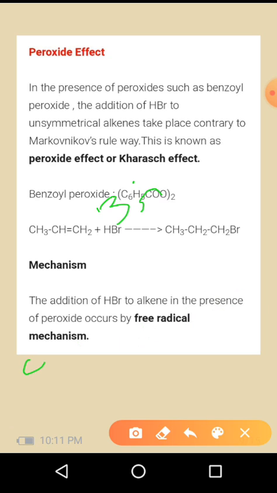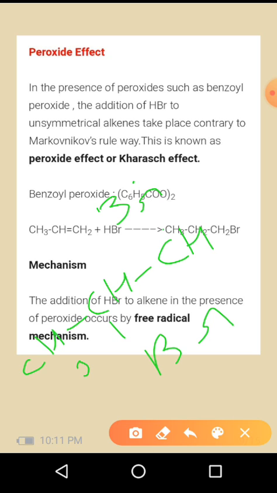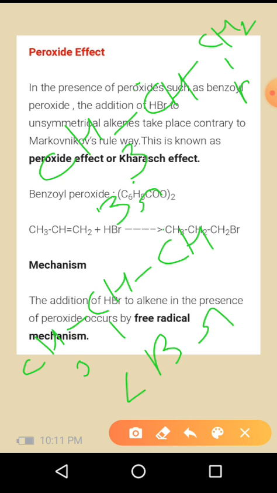So in one case, CH3CH2CH2 dot Br. So this one becomes a primary compound, primary attachment, less stable, and another one is CH3, the free radical formed at the secondary state, so that becomes more stable, so it will produce a CH2Br.